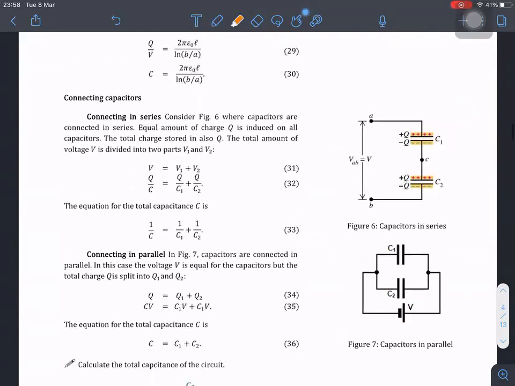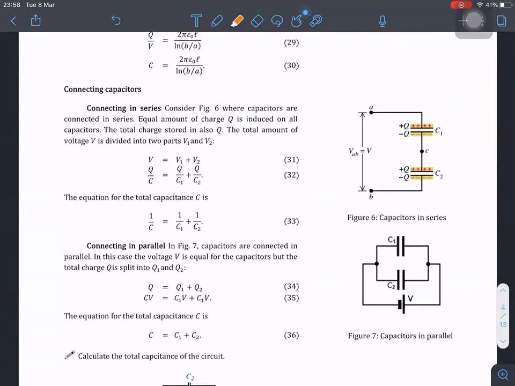And for connecting the capacitors, we have the part showing the proof that I have done before. For connecting in series, we need to add up the inverse of the C. But connecting in parallel, we just need to add up the capacitance itself.